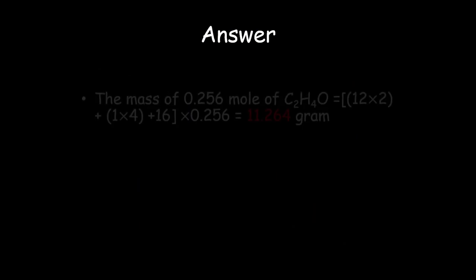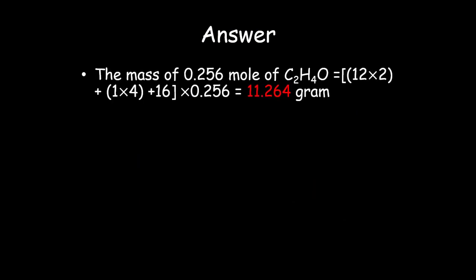The answer: the mass of 0.256 mole of C2H4O equals 12 times 2 plus 1 times 4 plus 16, times 0.256. We are skipping the part where we find the molar mass, then multiply it by 0.256 to get the equation. So we are already combining the two equations with each other.